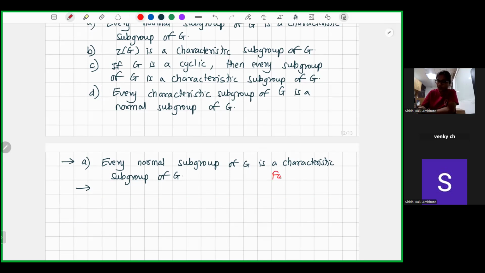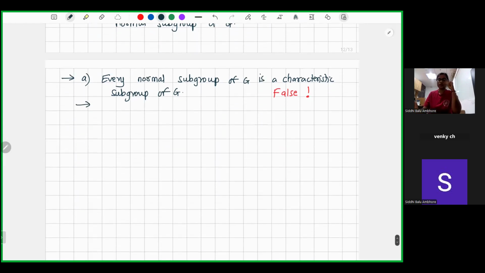Since we do not have much time left, understand that this statement is false. Can you give me a counterexample of this statement? Just give me a group, an automorphism, and a normal subgroup whose image is not landing in that subgroup.